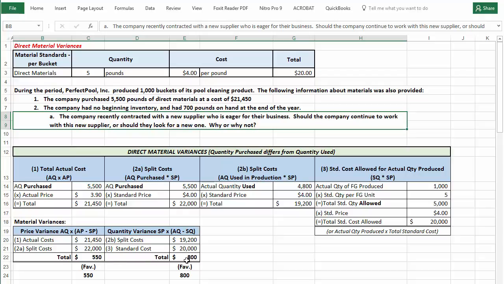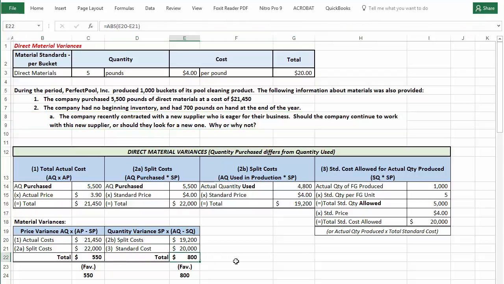They are able to produce favorably from an efficiency standpoint, and in fact they're getting the material for a better price than anticipated in their standard setting process. So I think that it's a win-win for the company to continue to do business with this new supplier.